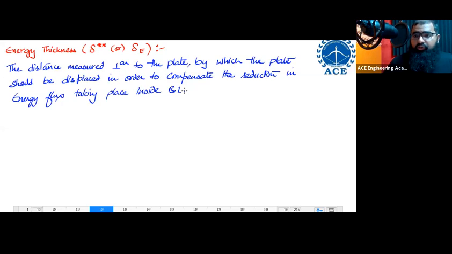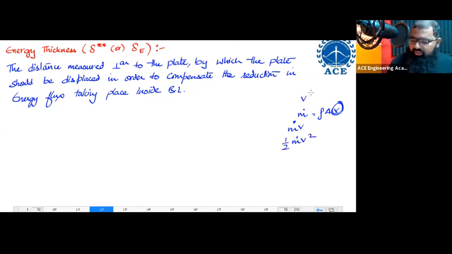If viscous forces act, they will try to reduce the flow, that is mass flux. Mass flux means m dot. M dot is equal to how much? Rho A v. Look, velocity's reduction is causing reduction in mass flux. Then if mass flux gets reduced, momentum flux also should get reduced, because momentum flux is based on mass flux, and energy flux is half m dot into v square.